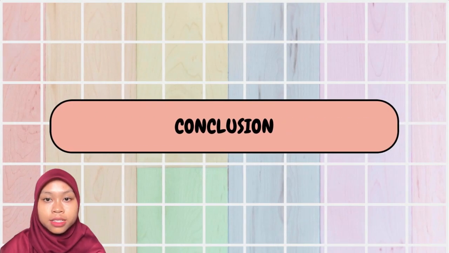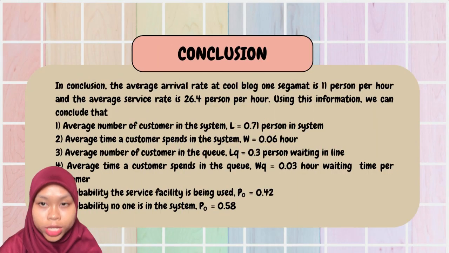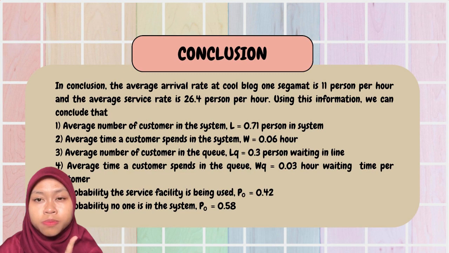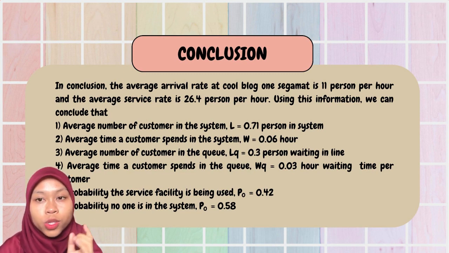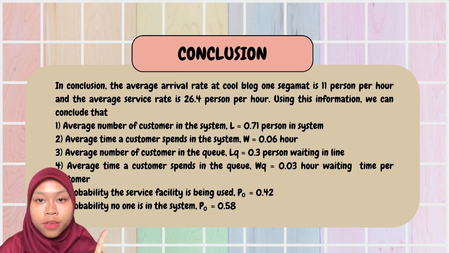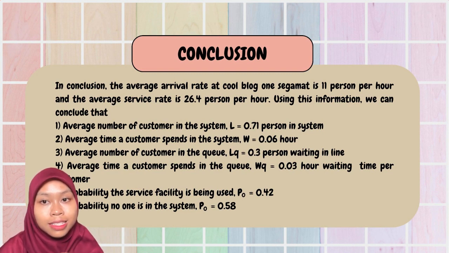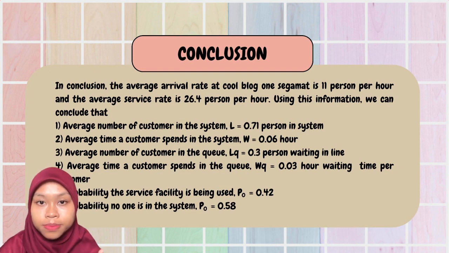In conclusion, the average arrival rate, lambda, at Full Block 1 Segamat, is 11 per hour, and the average service rate is 26.4 per hour. Using this information, we can conclude that first, the average number of customers in the system, L, equal to 0.71 in system.